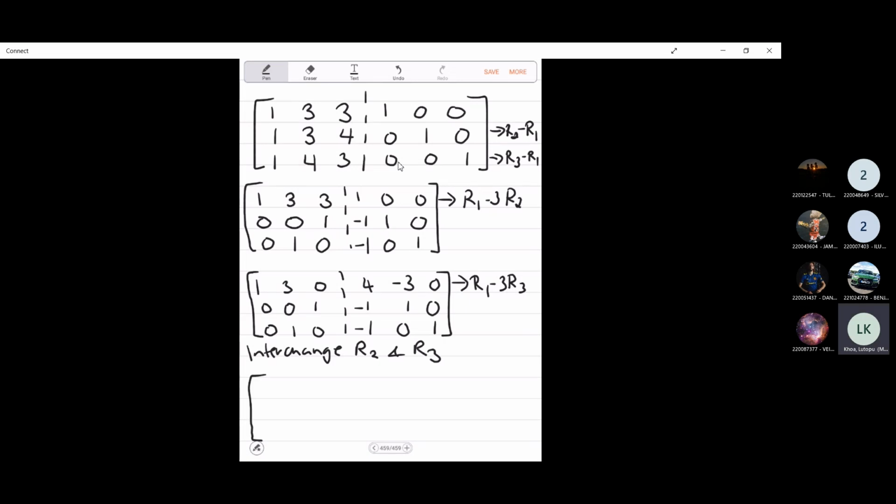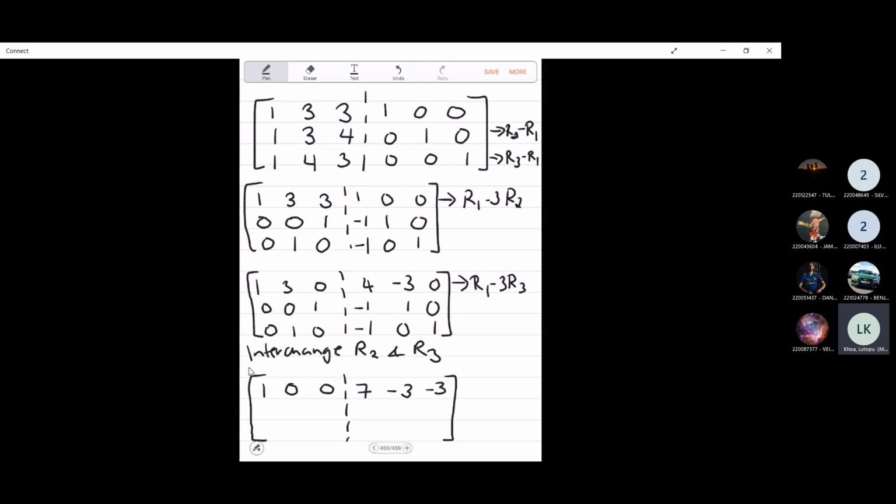So what I will have from there is 1 minus 0, which is 1, then 3 minus 3, which is 0, then 0 minus 0, and then 4 minus negative 3, this is 7, then minus 3 minus 0 is minus 3, and then 0 minus 3, minus 3.